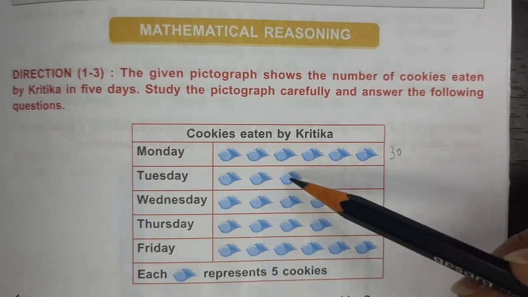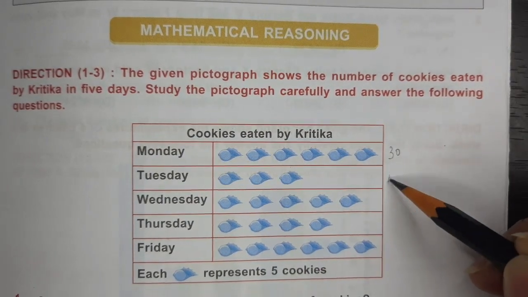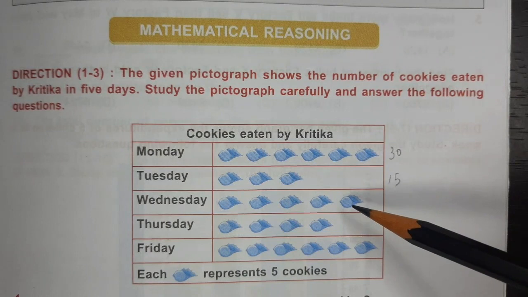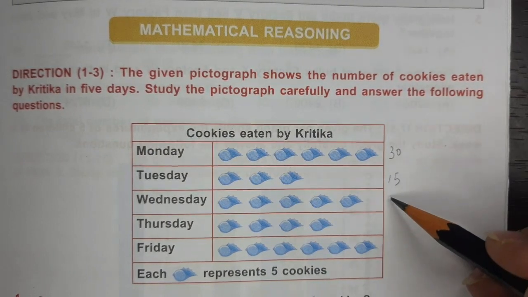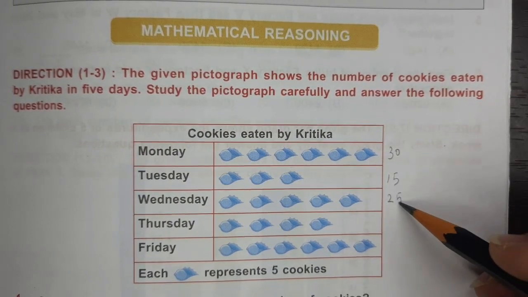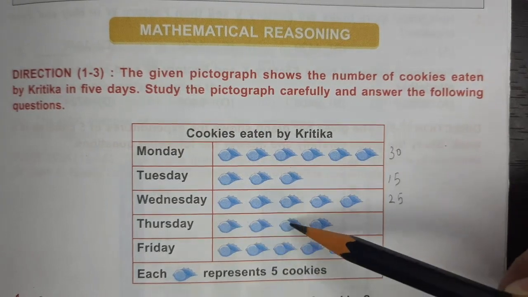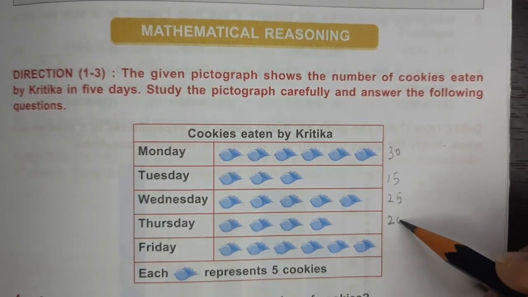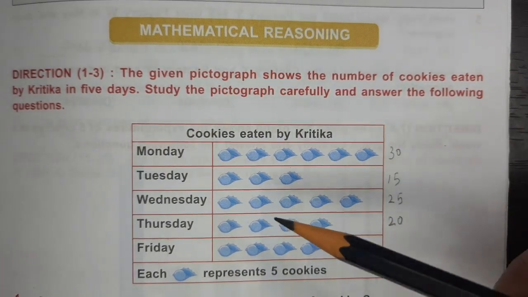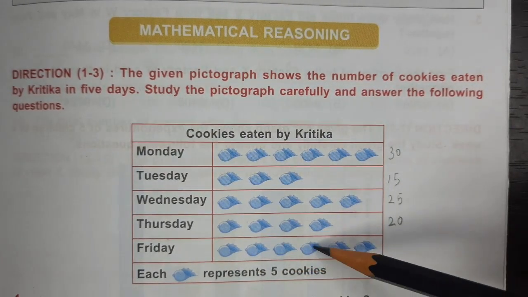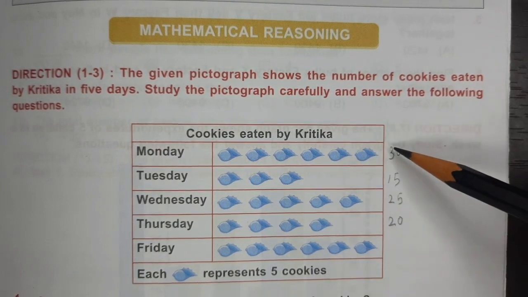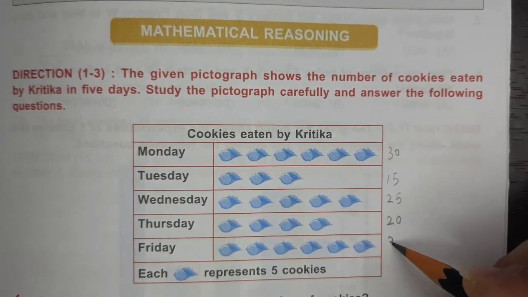1 2 3, 3 multiplied by 5, 15 cookies. 1 2 3 4 5, 5 multiplied by 5, this is 25 cookies. 1 2 3 4, 4 multiplied by 5, this is 20 cookies. 1 2 3 4 5 6, 6 multiplied by 5, which is 30, same as Monday.